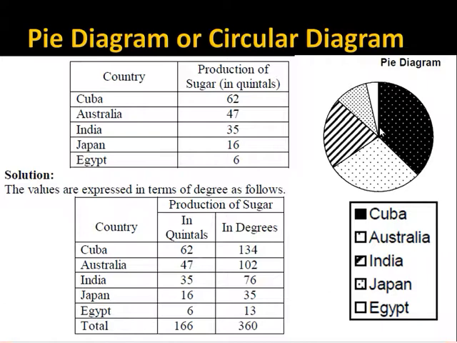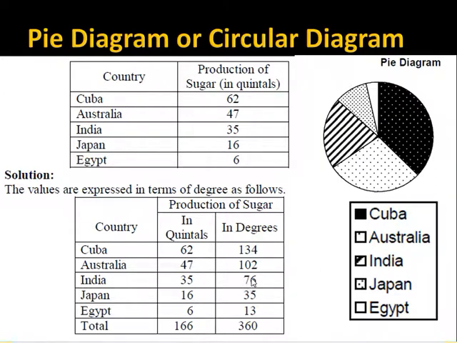Then you construct the pie diagram. Here for Cuba it is 134, so this part of the circle has an angle of 134 degrees. Then Australia, 102 degrees.